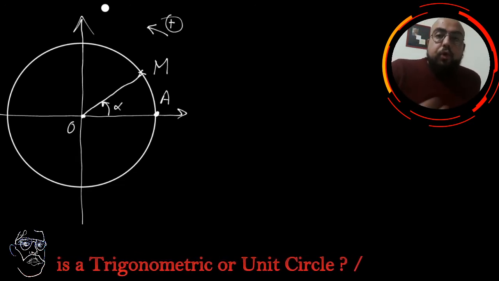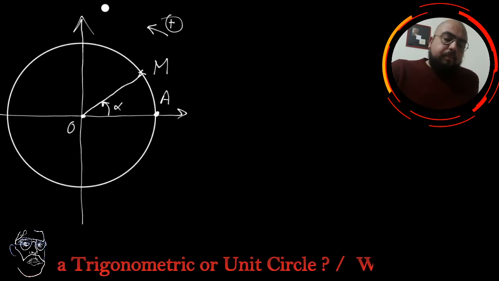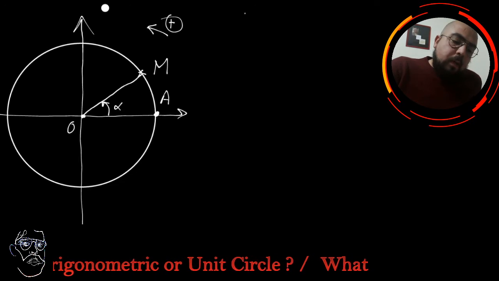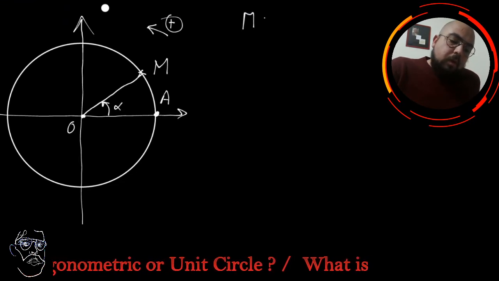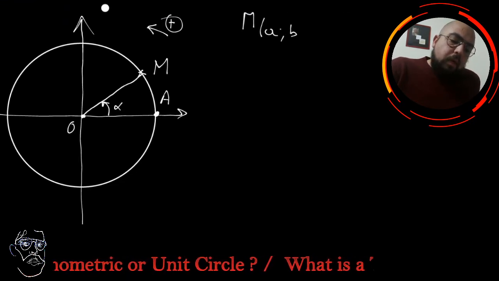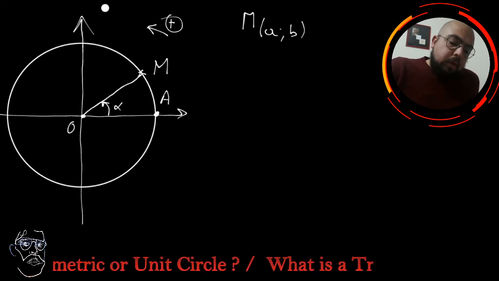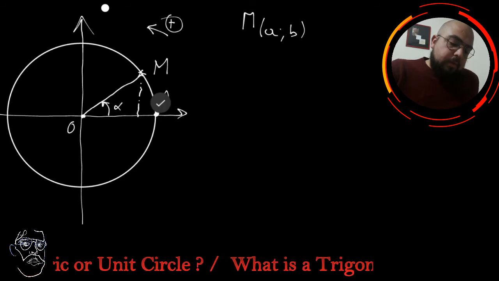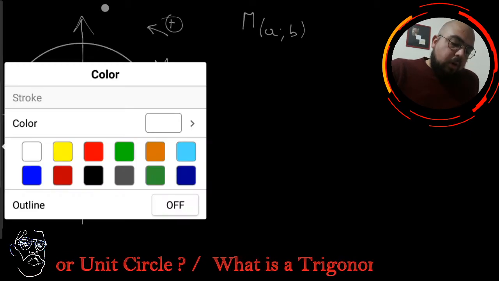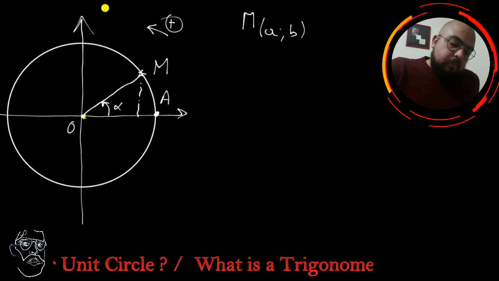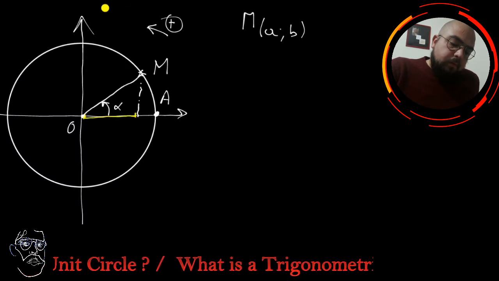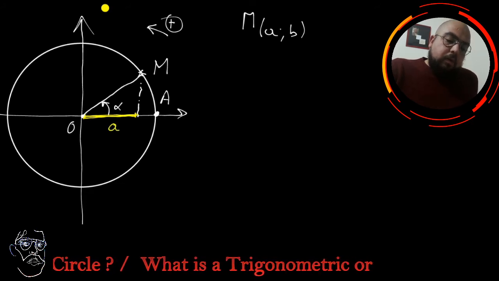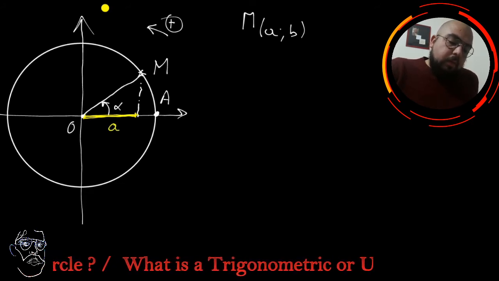Can we talk about the trigonometric functions? Of course. But first, let's talk about the coordinates of point M. The point M has the coordinates A, B. What about A? What about B? In order to find A, you simply have to check its position on the axis of abscissa. So this part represents A, and I'm going to call it the segment OH.